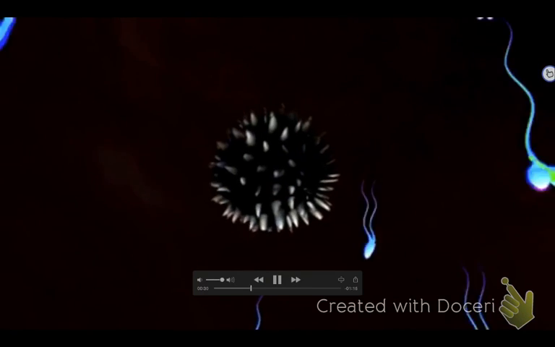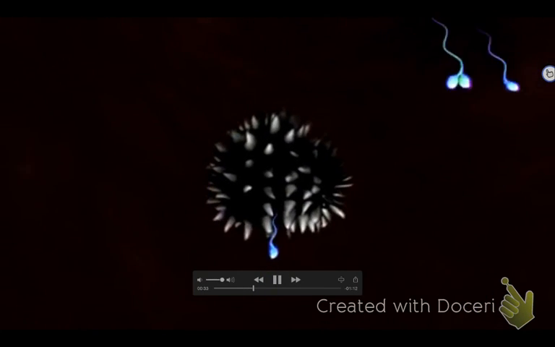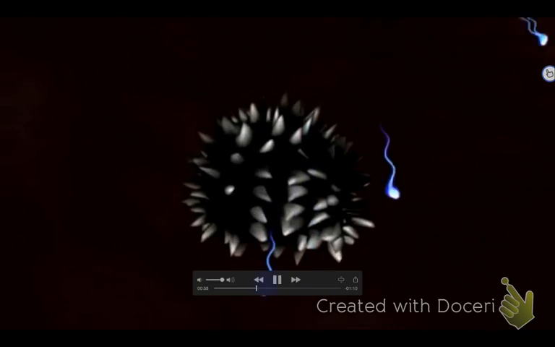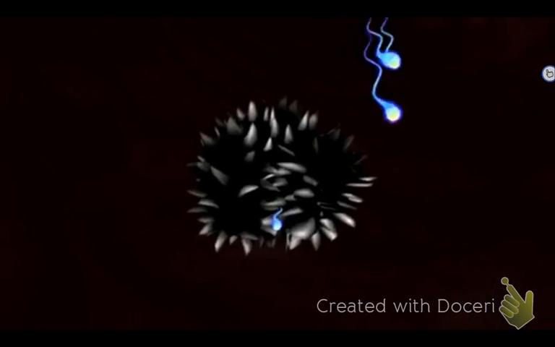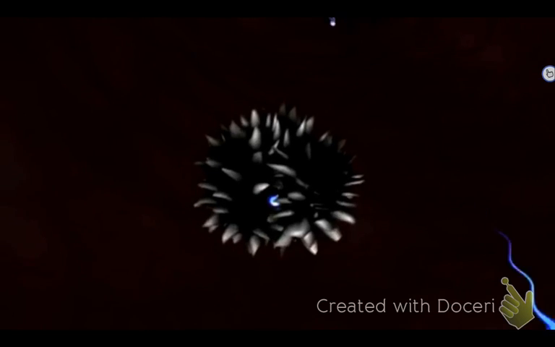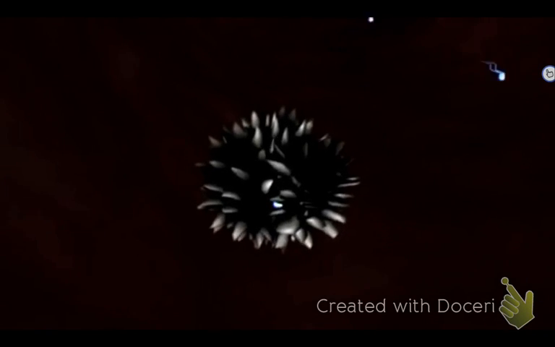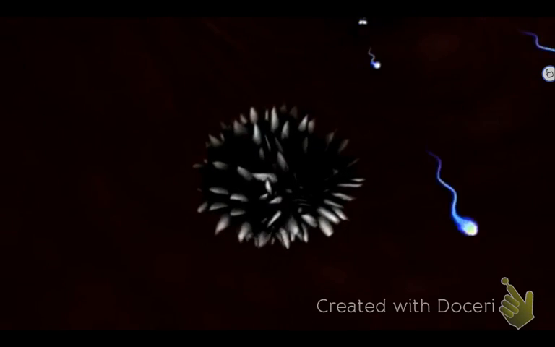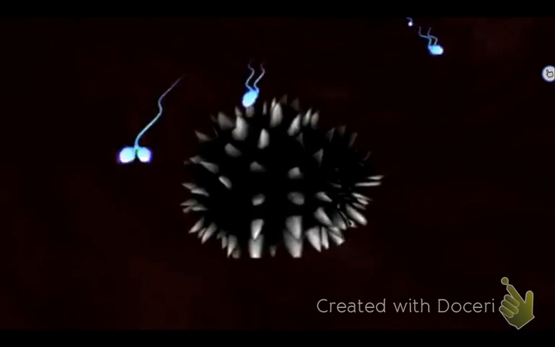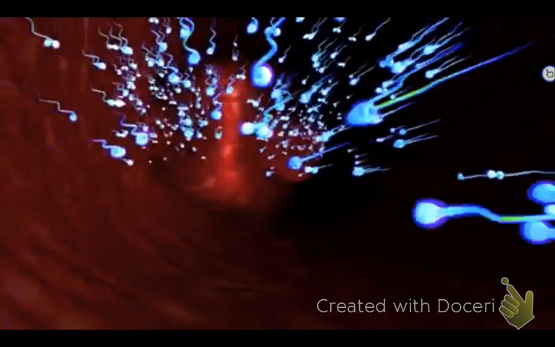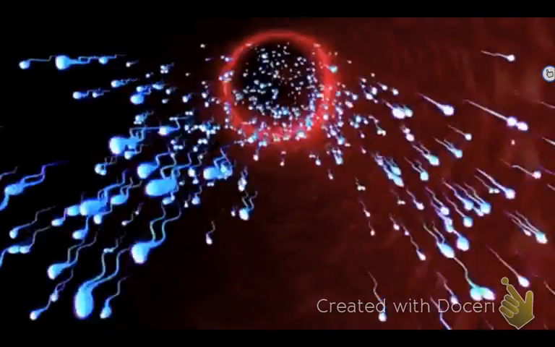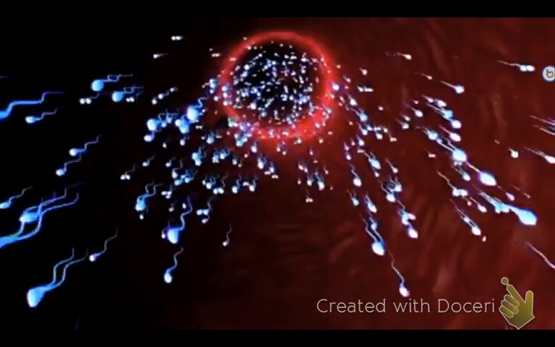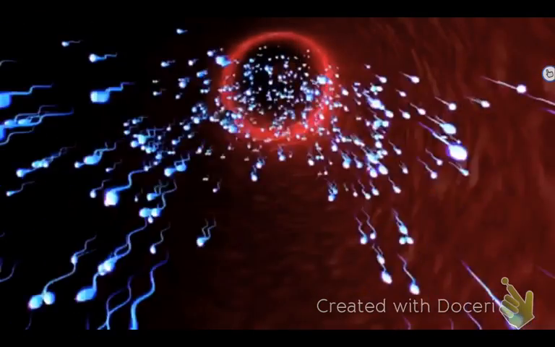That, my friends, is a white blood cell. Swim, little sperm. Watch the music. Get ready for the GoPro.